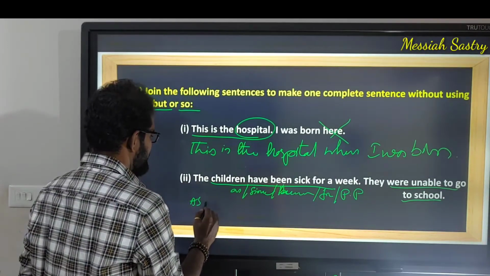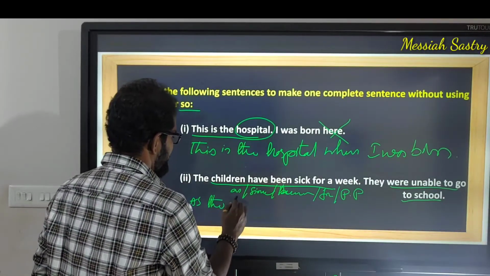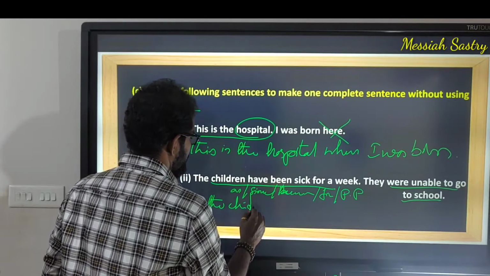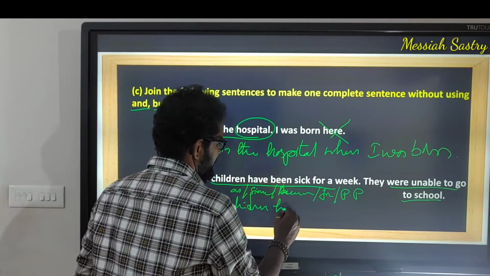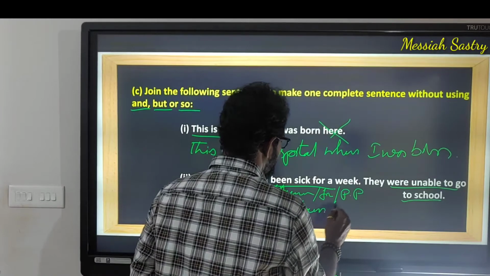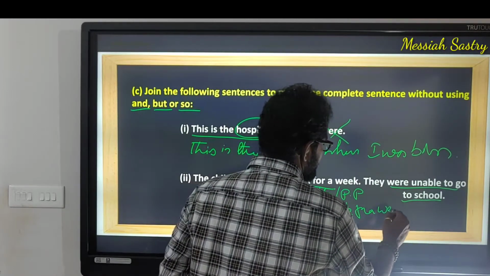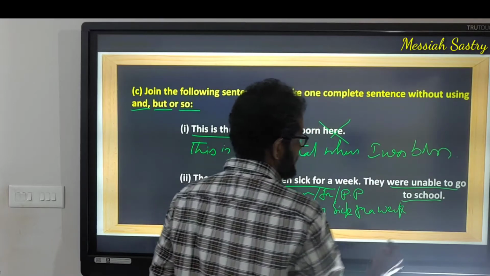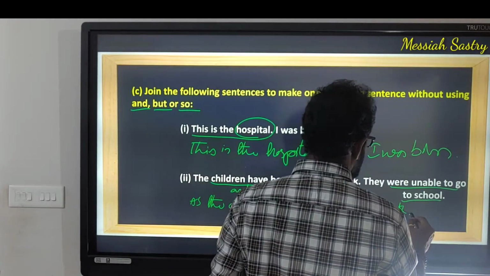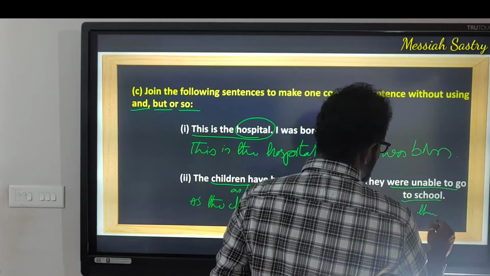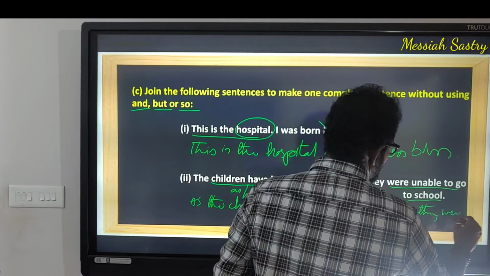As the children have been sick for a week, they were unable to go to school.